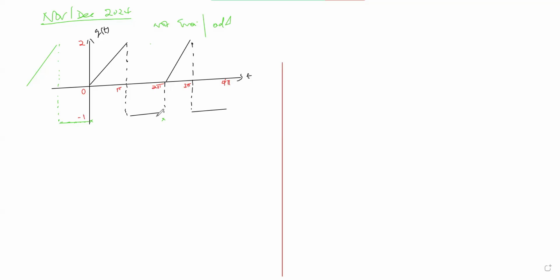So our function q(t) can be given by, we can split it from 0. So our function is t up to pi, then from pi up to 2 pi, because it repeats itself after 2 pi. Now let's check.